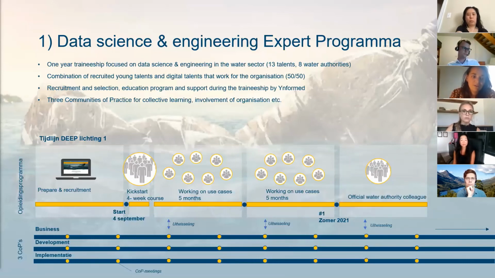So around the 13 talents that we educate, we are also building a network around so they can be successful within their organization. So this is the first example which I would like to share with you from the Netherlands.